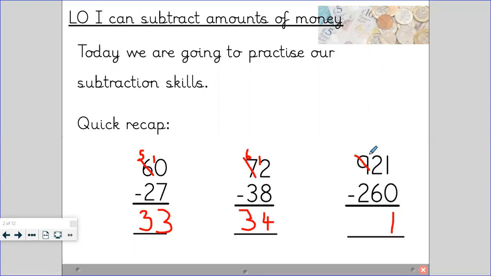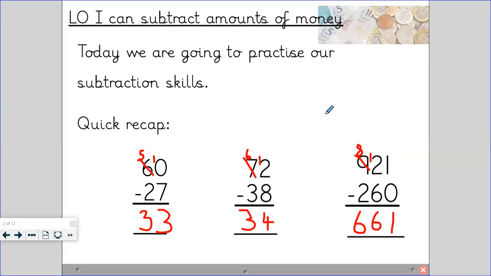We've now got only 8 hundreds left in this column, but we've given ourselves 10 extra tens, so we've now got 12 tens over here. 12 take away 6 equals 6. 8 take away 2 also equals 6, so we've got 661.